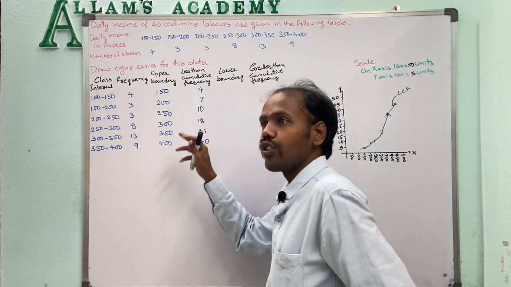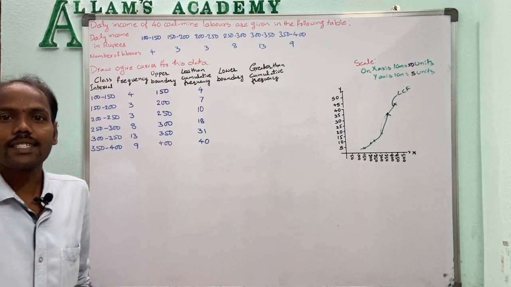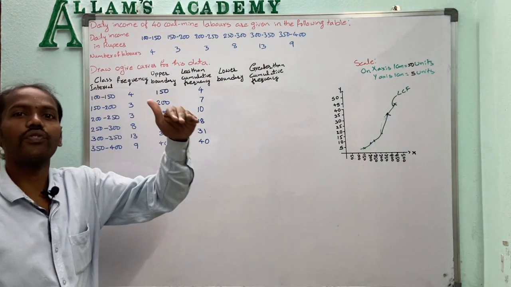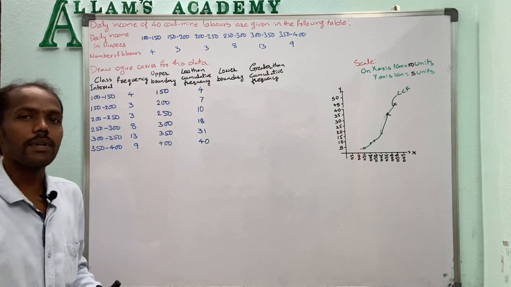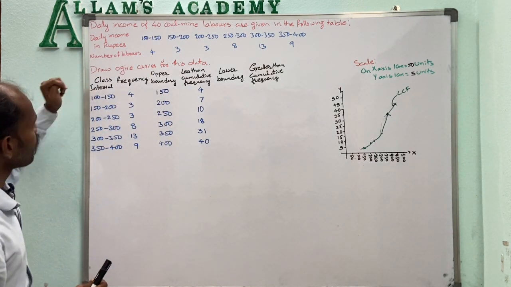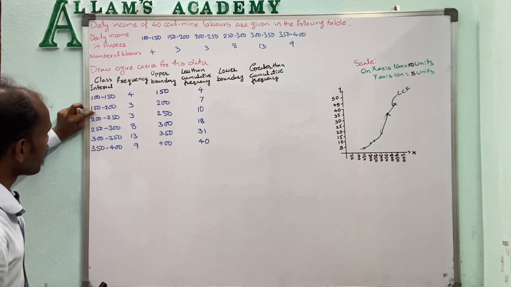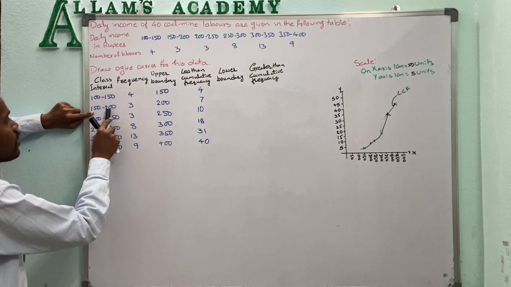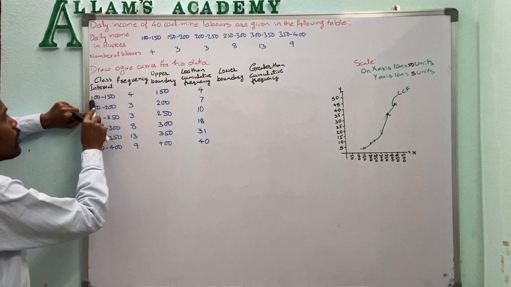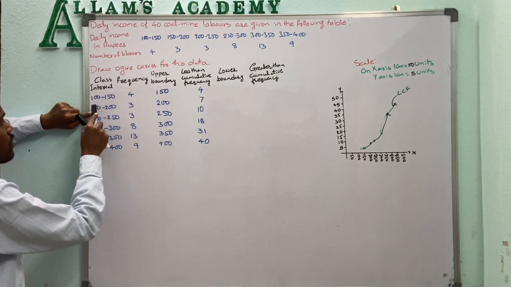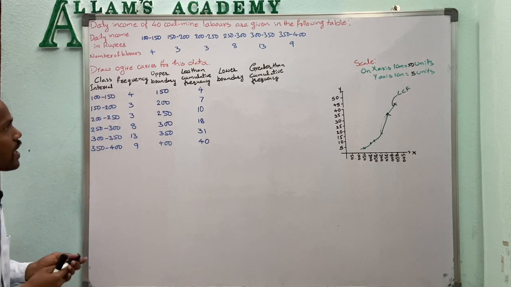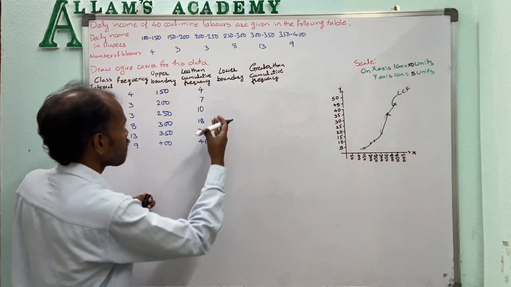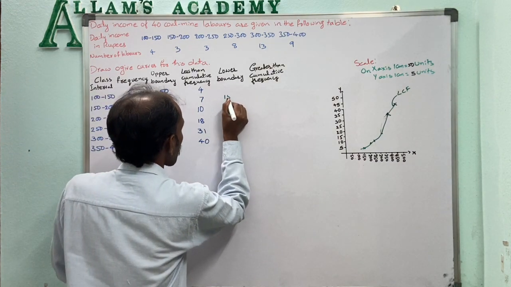The lower boundary is nothing but the average of the class interval's lower limit and the previous class interval's upper limit. Here, before the first class interval there is none, so for that we take the next class interval. For 150 to 200, the lower limit is 150 and the previous upper limit is 150, so the average is 150 plus 150 by 2, which is 150 only.